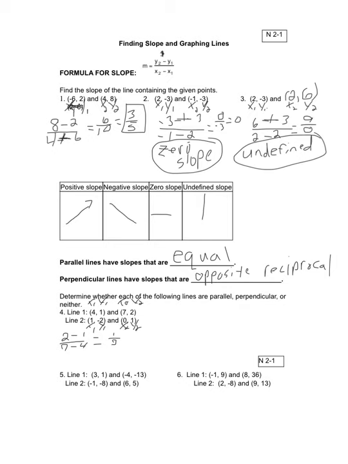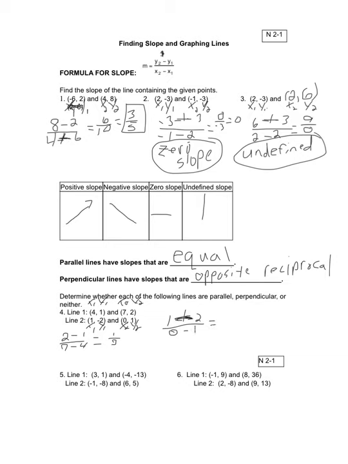Okay, so let's go ahead and compare it to the next one. Line 2, y2 is 1 minus, which is built in, y1 is a negative 2. So a minus again makes a plus, over x2, which is 0, minus x1, which is 1.